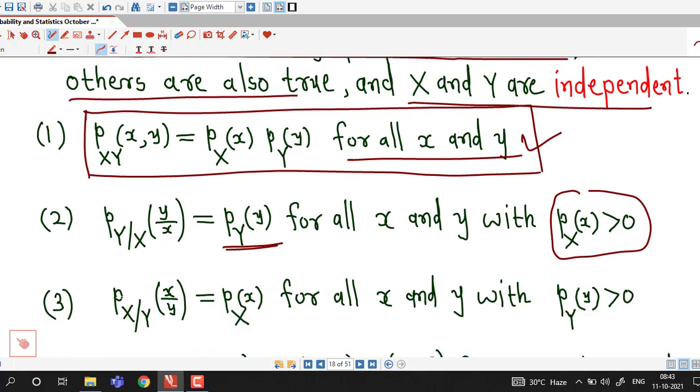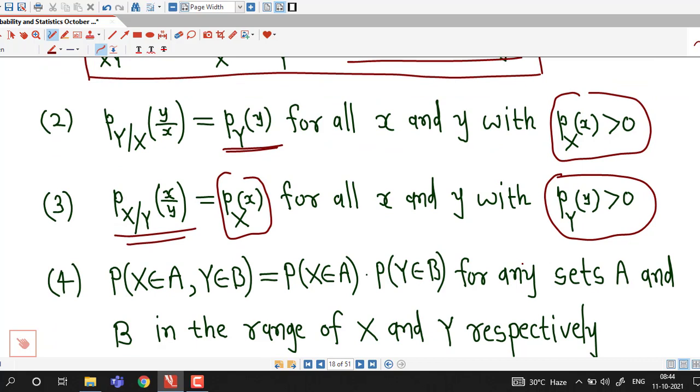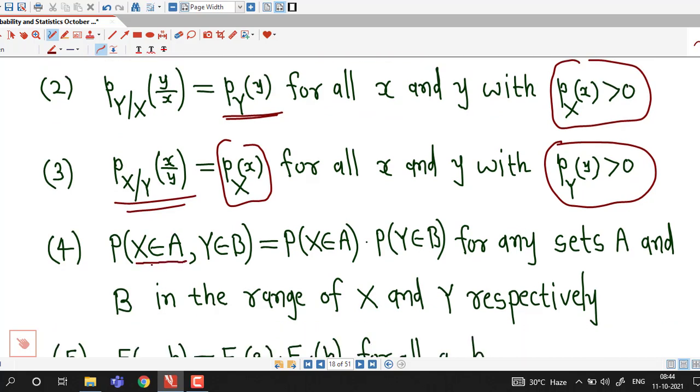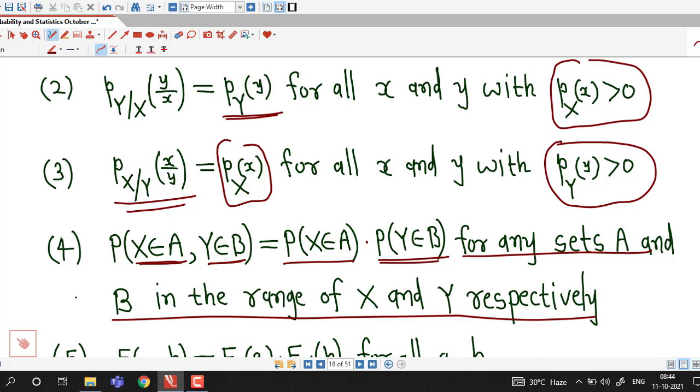Similarly, the conditional probability mass function of x given y equals the probability mass function of x. Now, the probability of the event that x is in set A and y is in set B equals the probability of x belongs to A times the probability of y belongs to B, for any sets A and B in the ranges of x and y respectively. If this property is satisfied, then also x and y are independent.